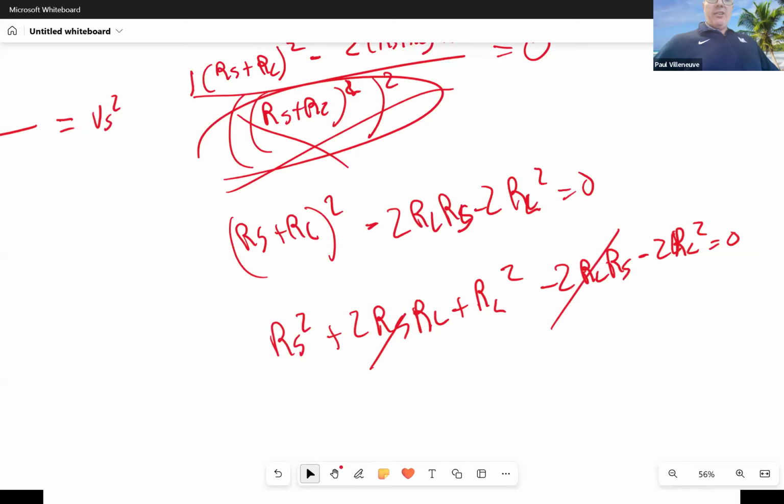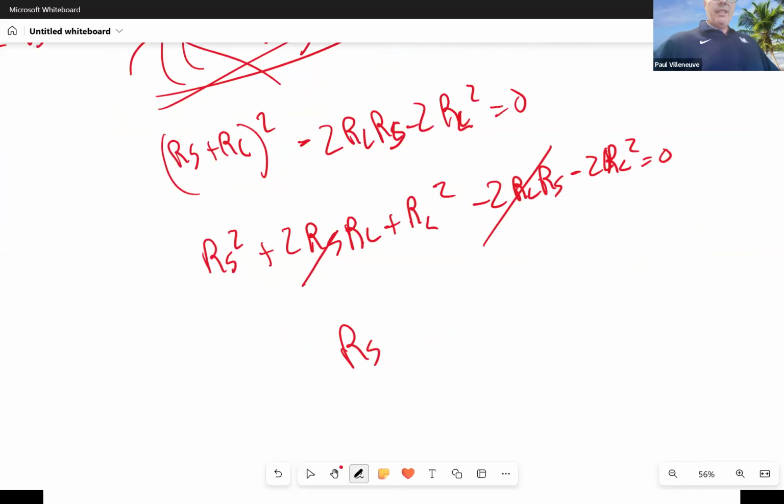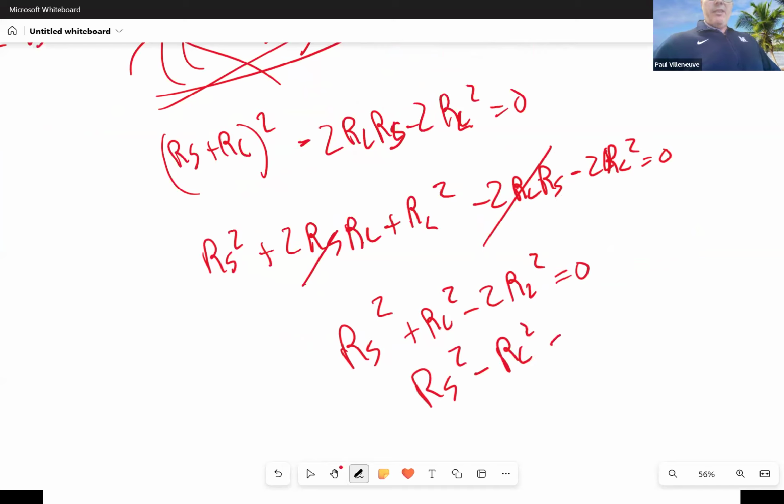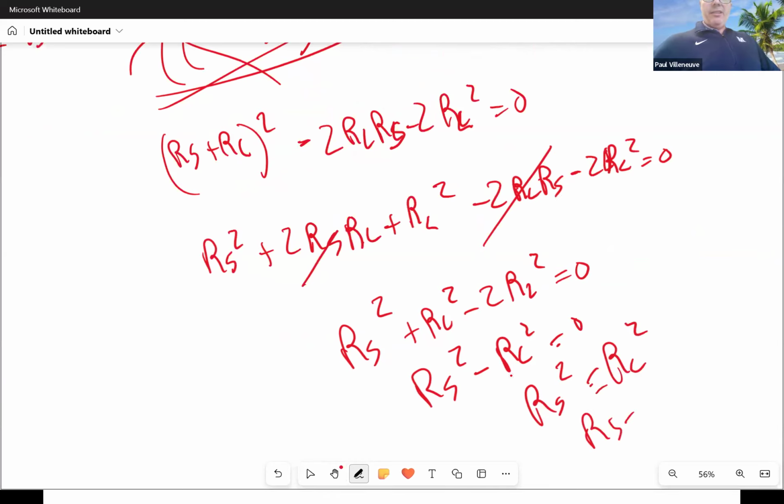Those terms will cancel. I'm left with RS squared plus RL squared minus 2RL squared equals 0. RS squared minus RL squared equals 0. RS squared equals RL squared. RS equals RL.